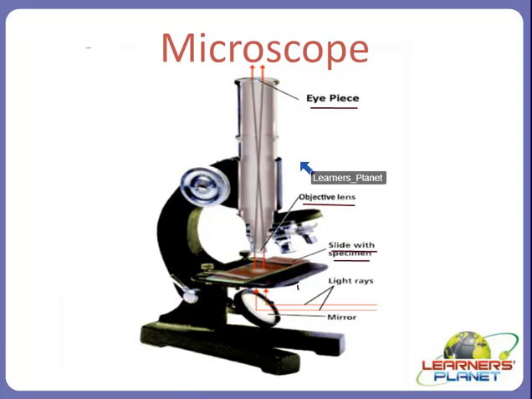Because the distance between the lens and the slide has to be maintained. This distance and the focus is maintained by such adjusting screws in the instrument. So this is how the microscope is actually functioning. And if such provisions are there, then definitely we can magnify the image of the organisms, the microorganisms.